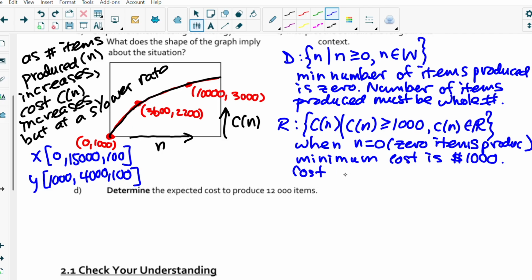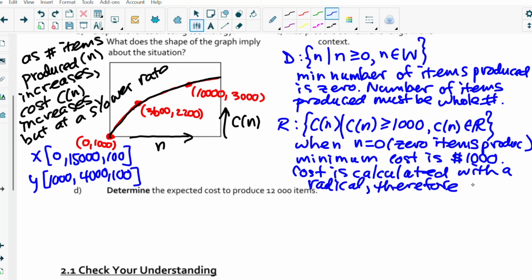Cost is calculated with a radical. Therefore, cost must be classified as a real number.